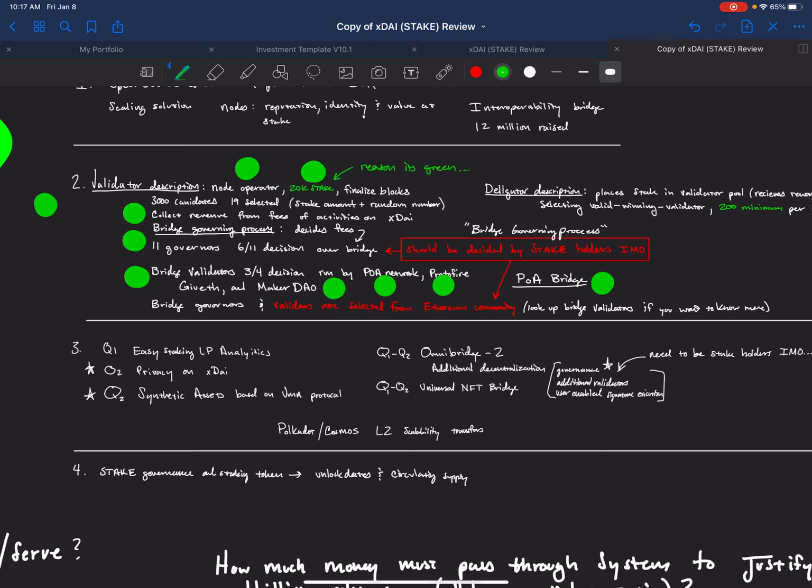So these are the validators that control the bridge, chosen from the Ethereum community. So it's good that they're chosen from the Ethereum community, because they're more relevant in that sense. This might even be why Vitalik and other people from the Ethereum network like this project so much, because they're also the ones running this. But they're selected to run it, so it's not decentralized. The bridge governance is not decentralized, but I think that they want to move to that in the future.